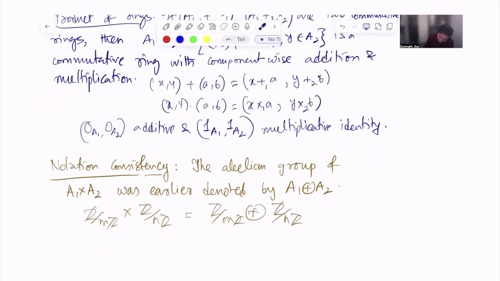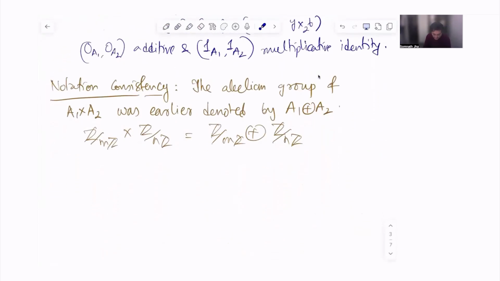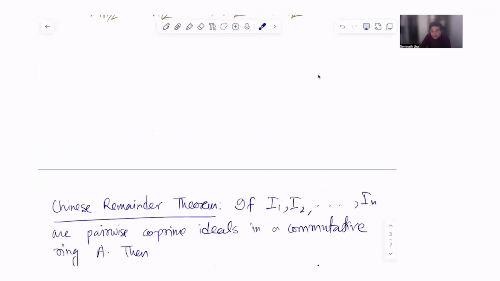So now with this, we can state an important theorem, which will be important for us.